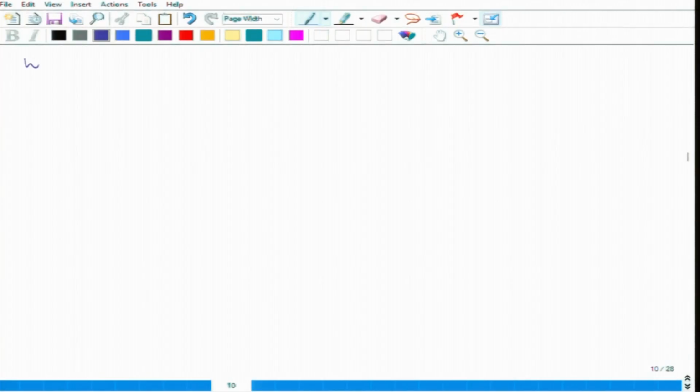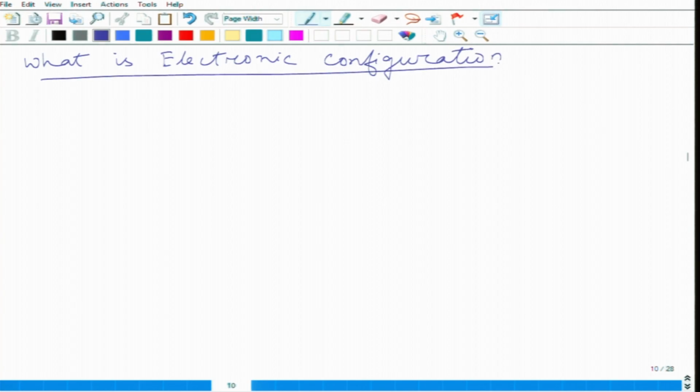We will start by studying how to write the electronic configuration of an atom. First, let us see what an electronic configuration is.